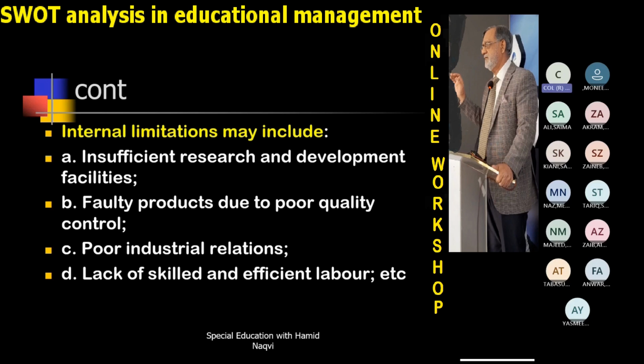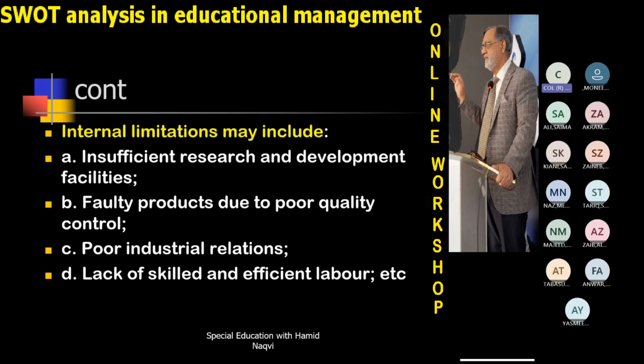So we will keep in mind that instead of industrial relations, we talk about the relations of different educational institutions functioning within the region. Have they got good coordination? Competition would be there, but it should be healthy competition, not unfair, not pulling each other's legs unnecessarily, not unethical competition.